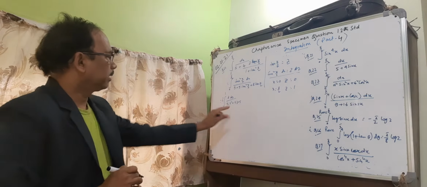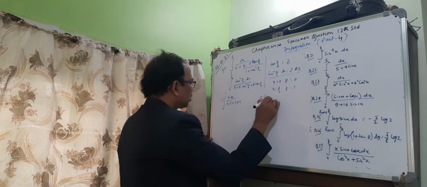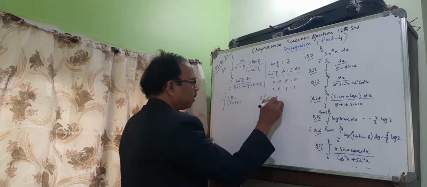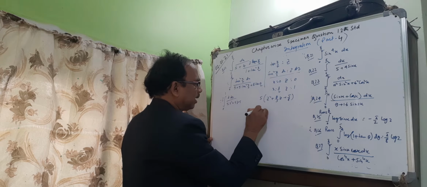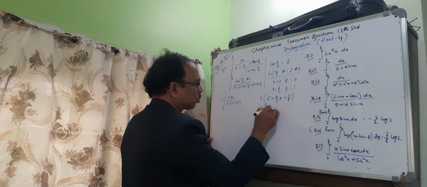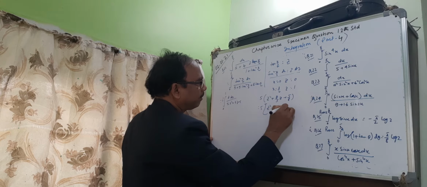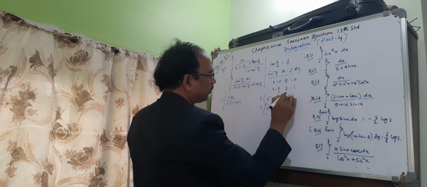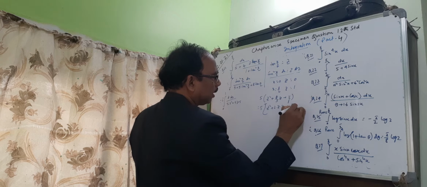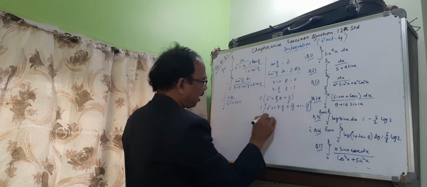Now simplify. 5 is common: z square plus 8 by 5 z plus 5 by 5, that is z square plus 2 into z into 4 by 5 plus 16 by 25, plus 1 minus 16 by 25.